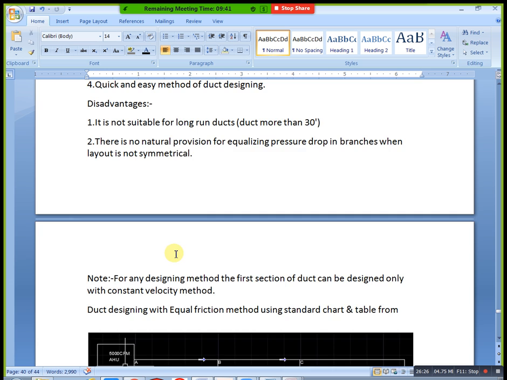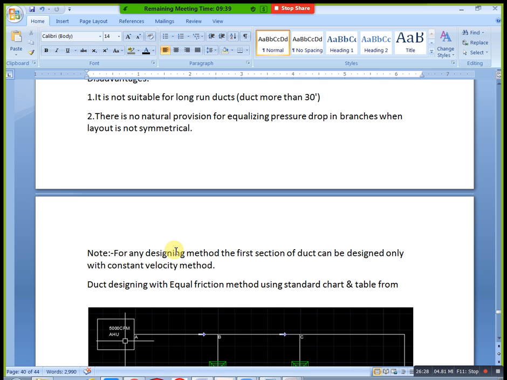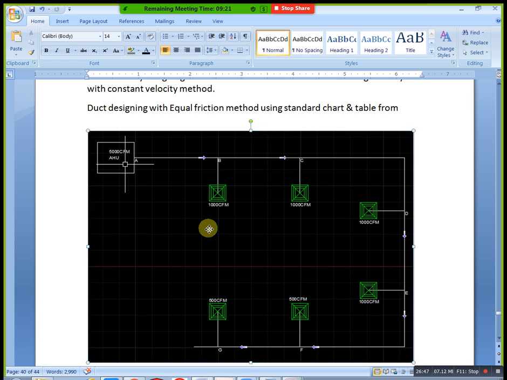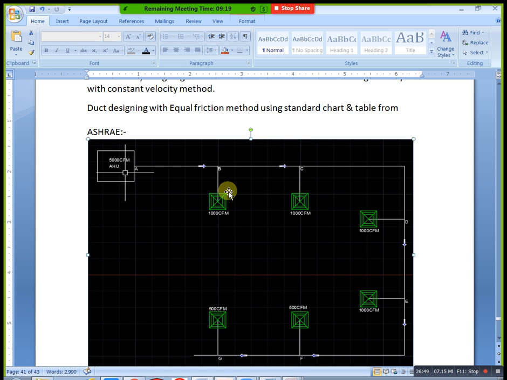Duct designing with equal friction method using standard chart and table from ASHRAE. For example, you will take the application as office.